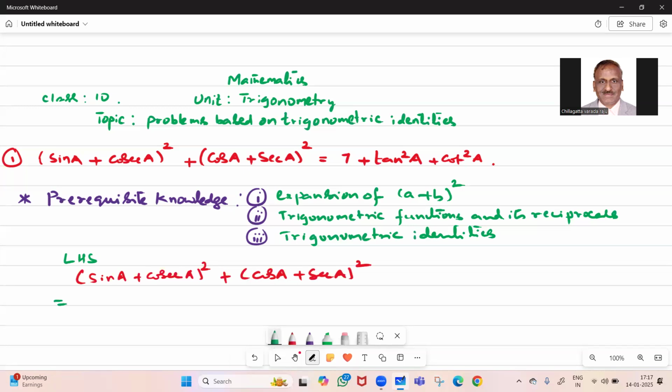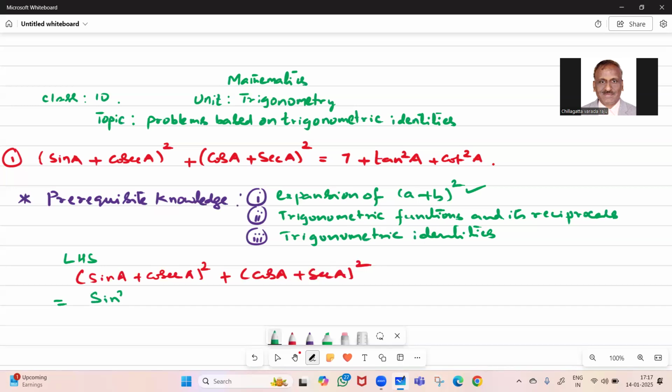So as we have discussed, the prerequisite knowledge to solve this problem, number one, is the expansion of (A + B) whole square. So we will expand this (sin A + cosecant A) whole square, which is in the form of (A + B) whole square. The expansion of (A + B) whole square is A square + B square + 2AB. A square means what, sir?